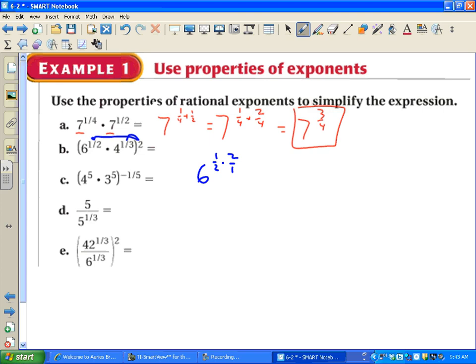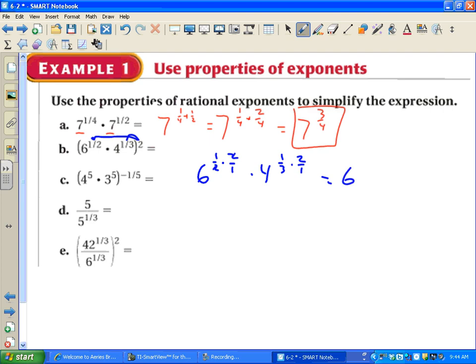There's my distribution for that one. My next one is going to be 4 to the 1/3 times 2 over 1. Simplify this a little bit. Hopefully you can see that 6 to the 1/2 times 2 over 1, your 2's will cancel. That will be 6 to the 1.